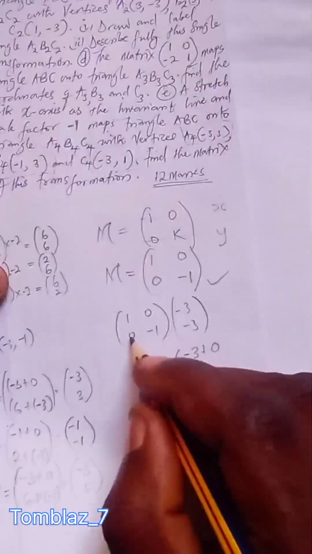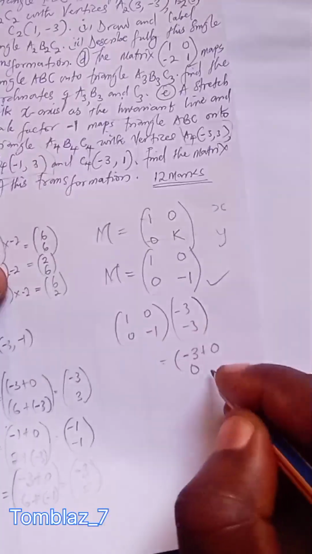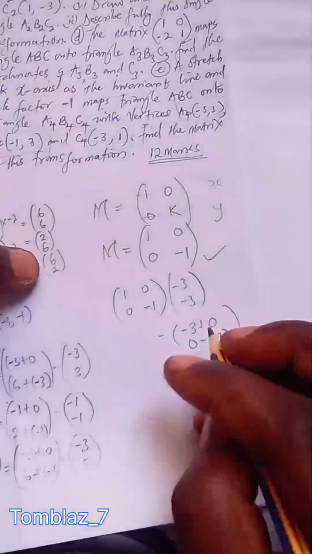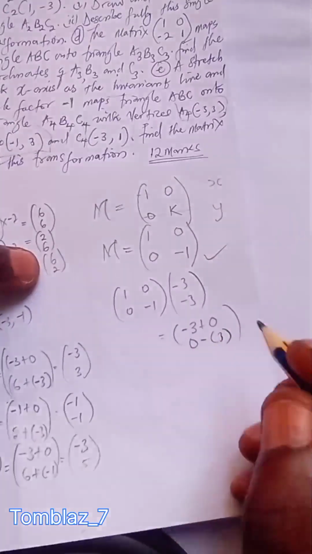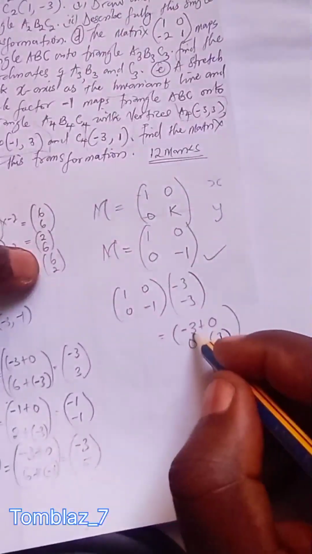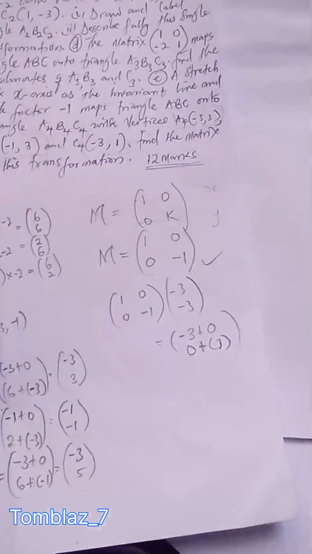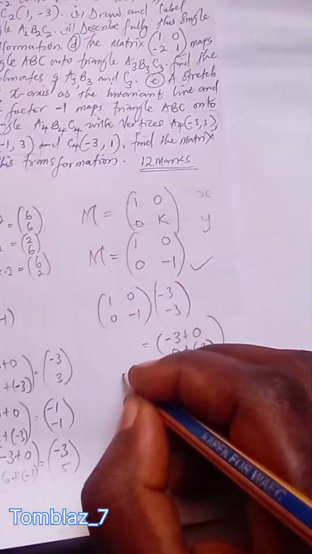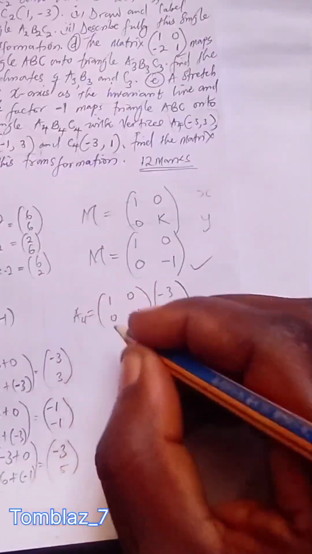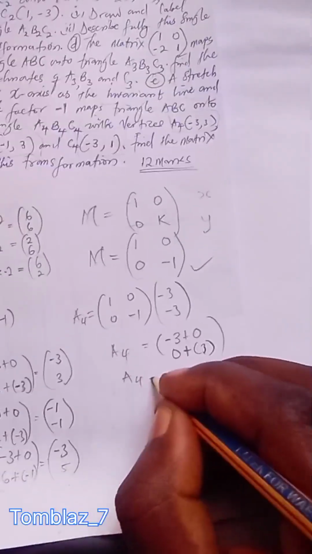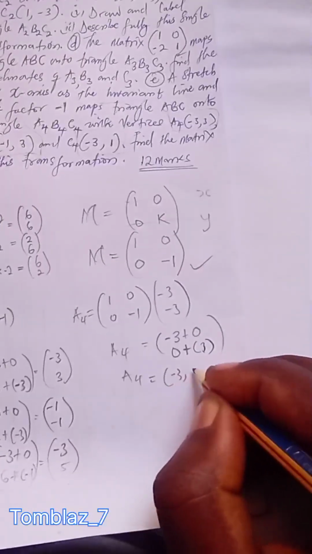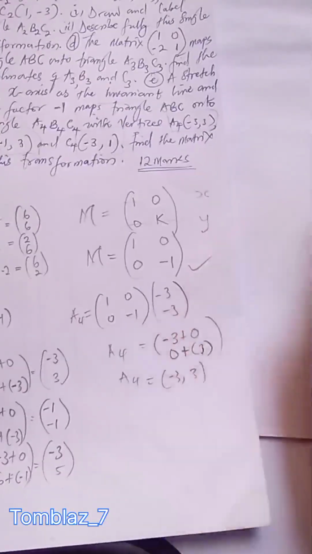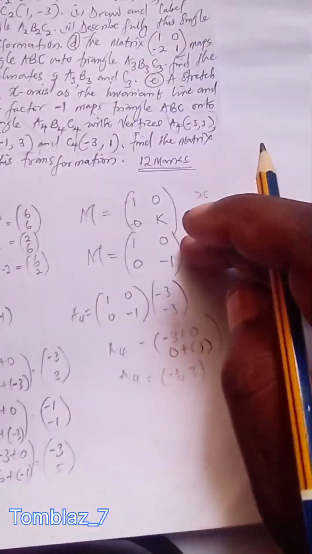So let's do for this. This times this is going to give you 0. This times this, minus first, is going to give you 3. So we have this value plus this. So the final coordinate for A4 is equal to -3, 3. So it corresponds with this. So that means this matrix is correct, right? This matrix of transformation is correct.